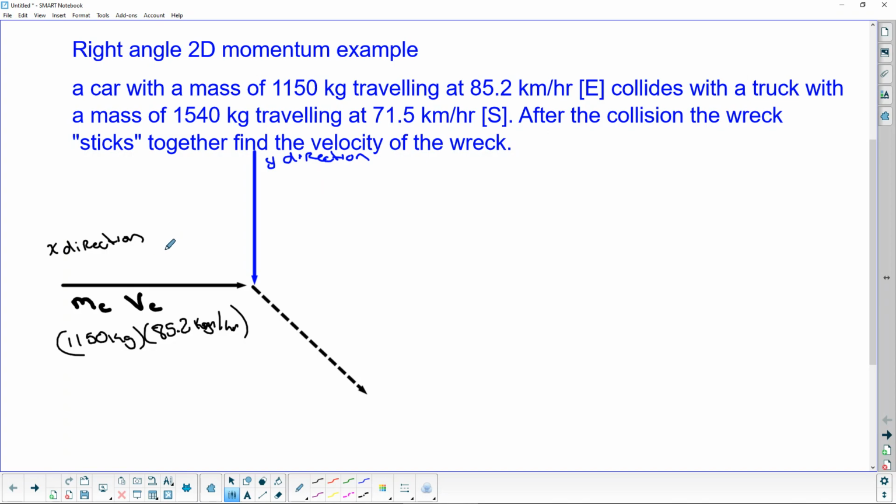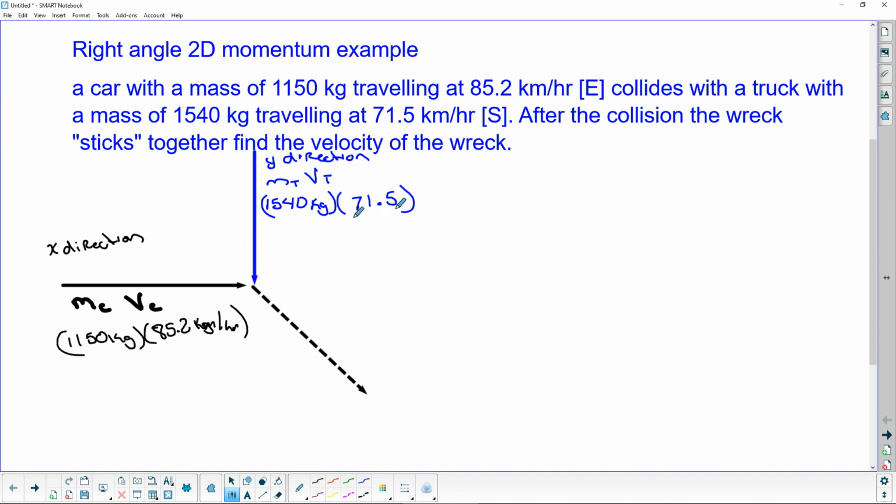Well, if we're looking at our y direction, we're going to combine the mass of the truck and the velocity of the truck to get our momentum. So that's 1540 times our velocity of 71.5.